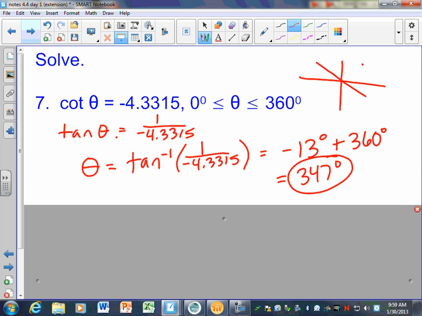Can we maybe use reference angles a little bit? This angle right here is going to be the same as this angle right here. Those reference angles, think about all of our ones on our unit circle. Can I figure out what this little piece right here is?